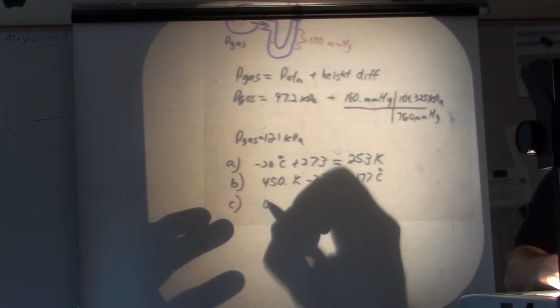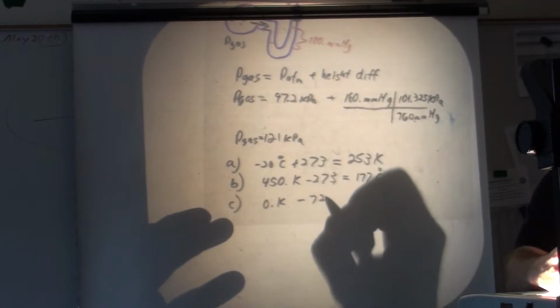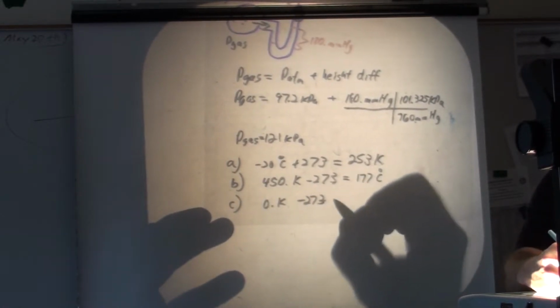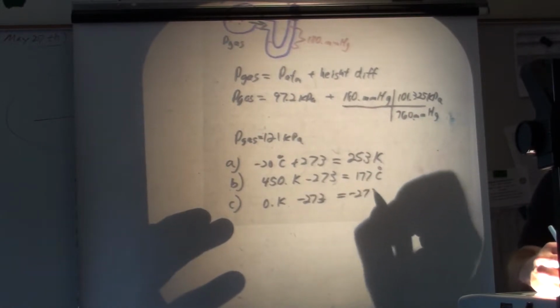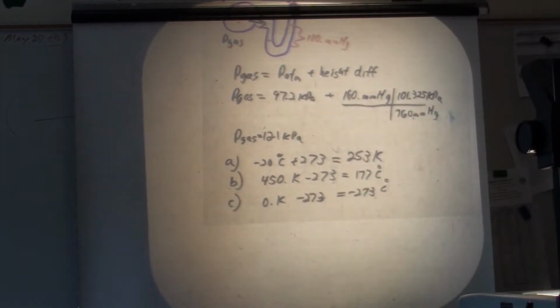And we've got 0 Kelvin, so minus 273 to get the Celsius. So any questions on that page before I go to the next one?